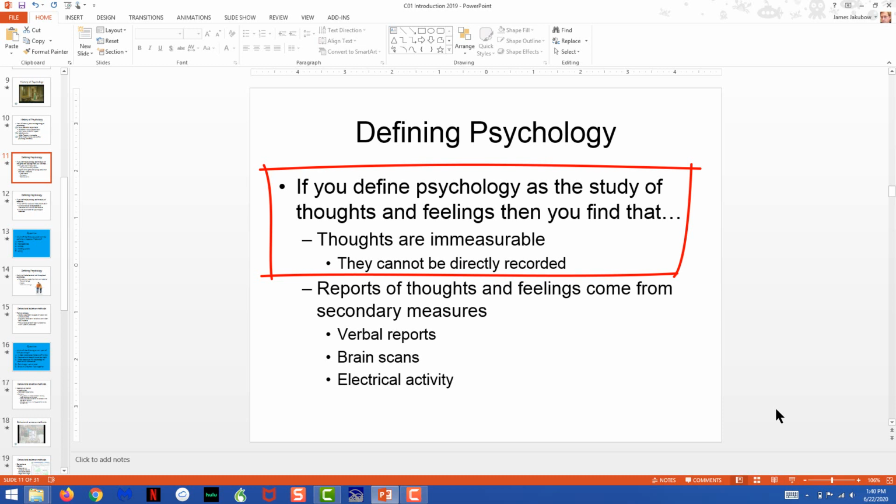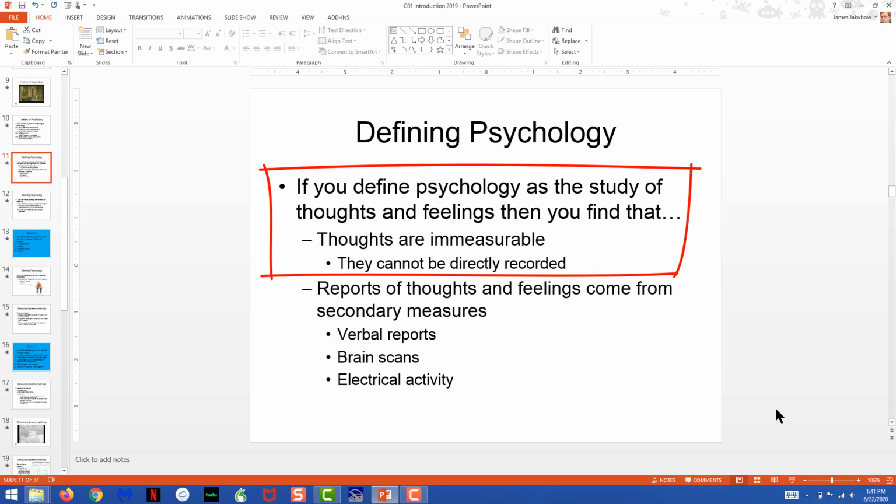Now let's take a look at thoughts. Are thoughts publicly observable? No, they're not, because thoughts presumably occur inside your head. And if a person sits perfectly still, doesn't move, they can have the greatest, most grand thoughts in the entire history of humankind, and you would never know it because they're simply not doing anything that you can actually measure.